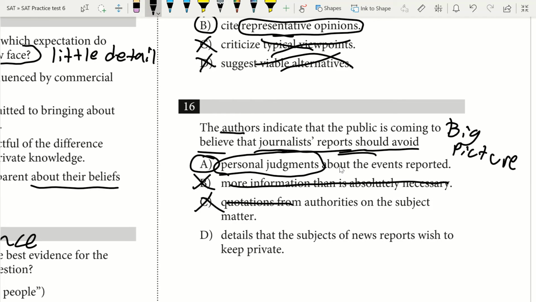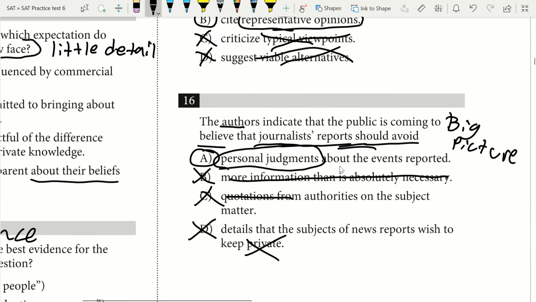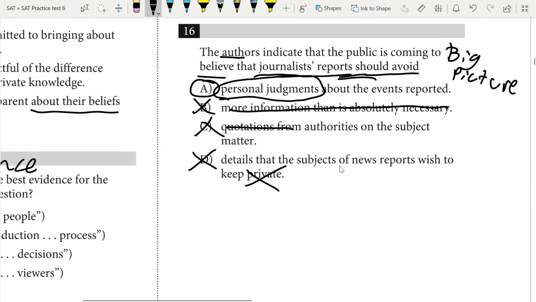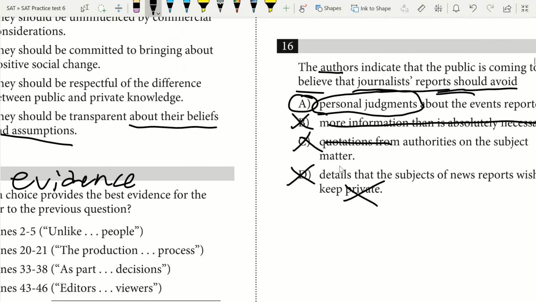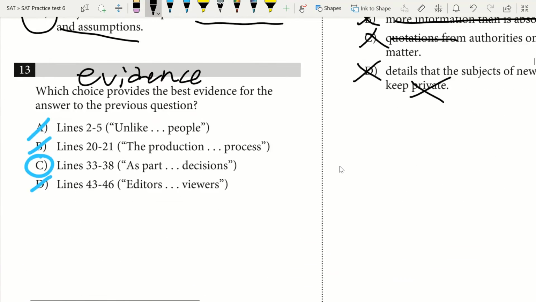No, they don't say to avoid quotes. D, details that the subjects of news reports wish to keep private. We're not touching on private versus public as far as what people want reported there. Okay, so that there is going to be A. That's pretty much a big picture question in my opinion, because we really touch on that throughout most of the passage. So 16 would be A, personal judgments about the events being reported. We don't want that. Or consumers don't want that.